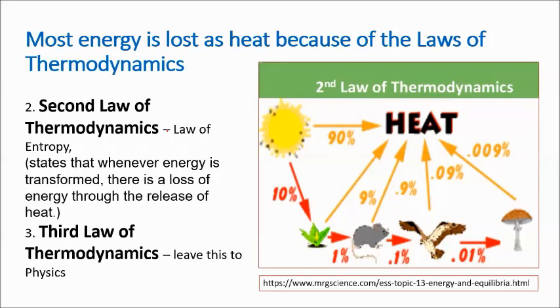Okay, so ma-explain yan dito sa figure. In the process of photosynthesis, for example, as I have said a while ago, not all of the light energy from the sun would be absorbed by plants. Some energy is reflected. So as you notice, about 10% only yung magagamit sa photosynthesis process, no?